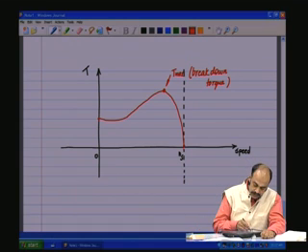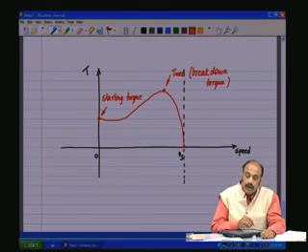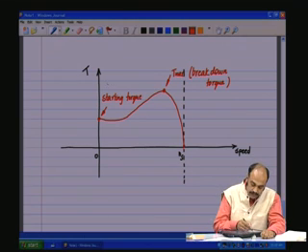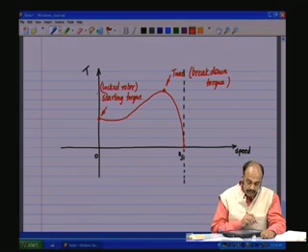Now there is this torque, and this is called the starting torque, or also called the locked rotor torque, or also called the blocked rotor torque.